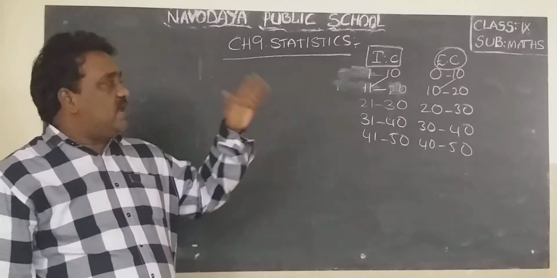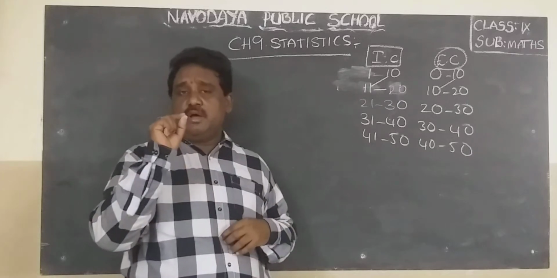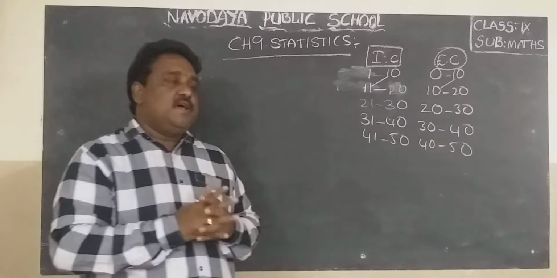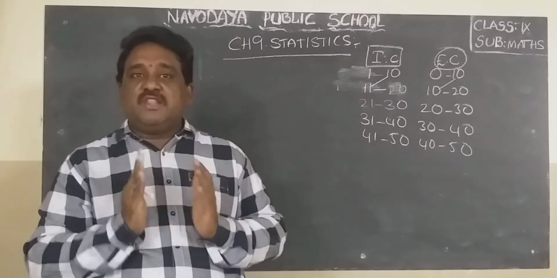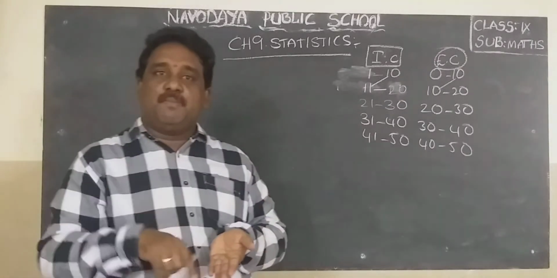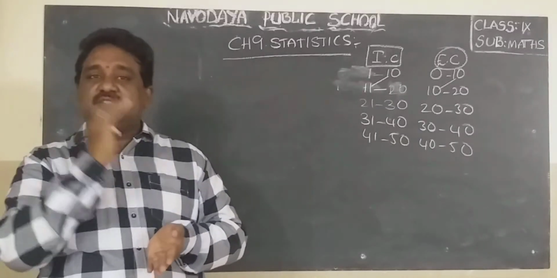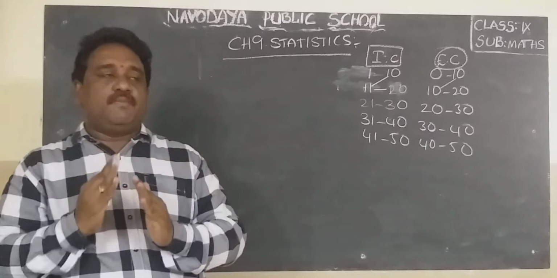Next, I told you two more important definitions: primary data and secondary data. The information collected by an investigator with a definite objective is known as primary data. Example: the weight of all students in your class, the distance between your home and your school.